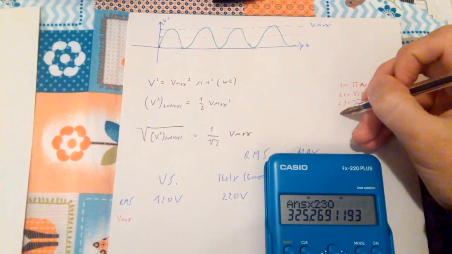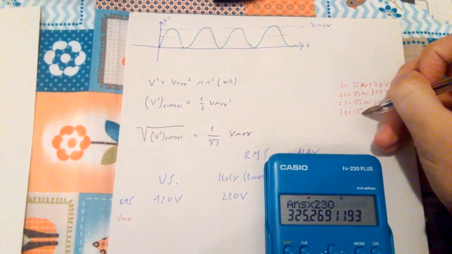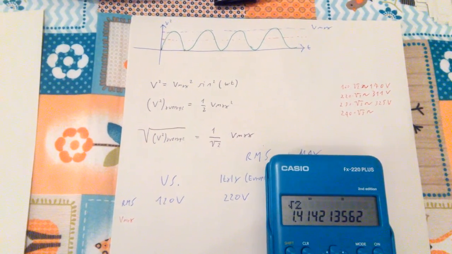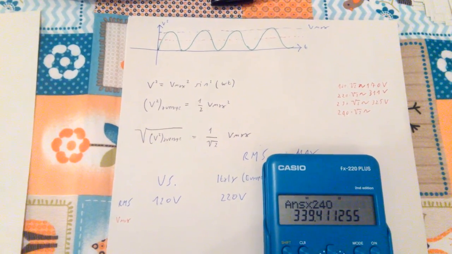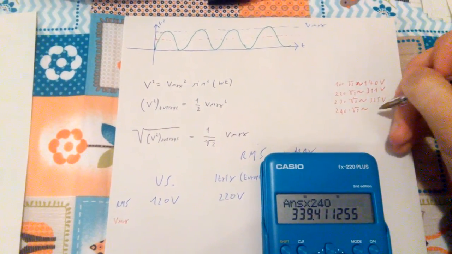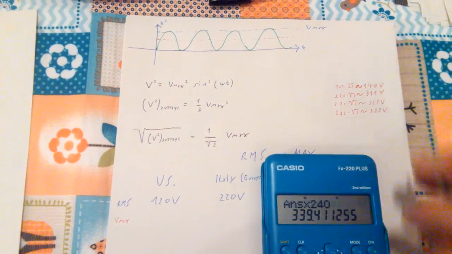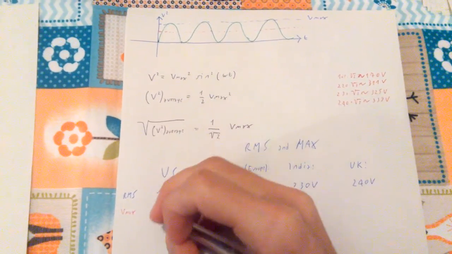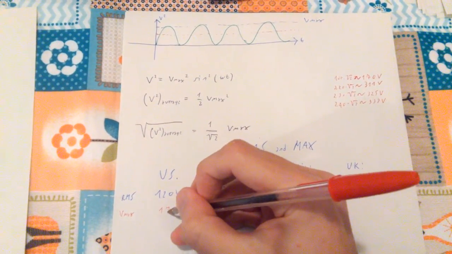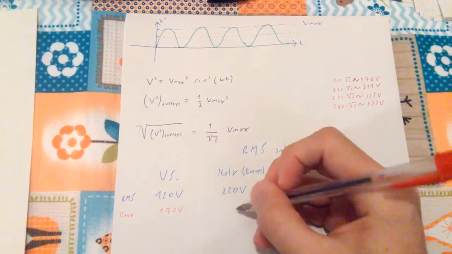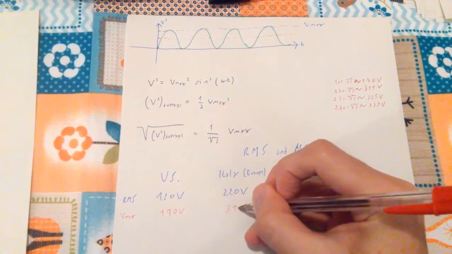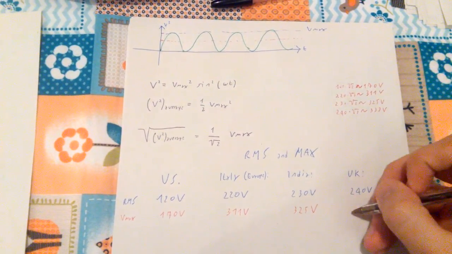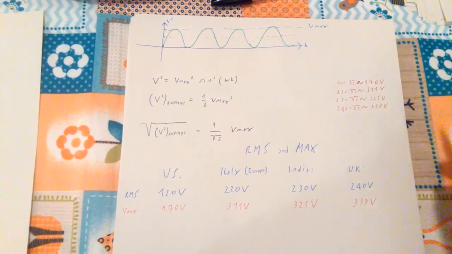And lastly, if I do the same for 240, which is the one the UK has, I will get 339 volt. So in the US, I'm gonna get 170 volt as a peak, 311 volt as a peak, 325 volt as a peak, and 339 volt as a peak.